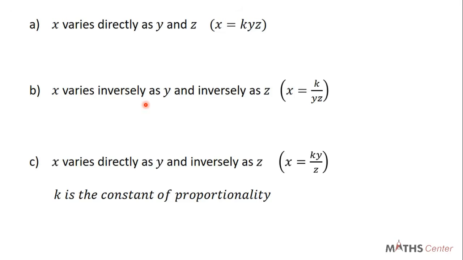When x varies inversely as y and inversely as z, it's written as x is equal to k divided by yz, where k is the constant of proportionality. And when x varies directly as y and inversely as z, it's written as x is equal to ky divided by z, where k is the constant of proportionality. Take note of these expressions. We are going to use them to solve questions.